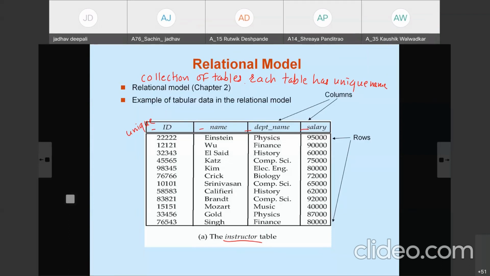Each table has a unique name. Each table has some number of attributes, and each attribute, or column, in the table has a unique name. That is the definition of the relational model.